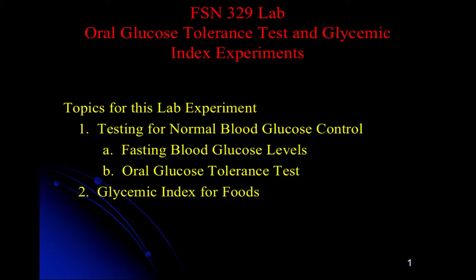So these cells, alpha cells and beta cells, are actually sensing and responding to blood glucose levels. So when glucose goes up in the blood, glucose goes into beta cells and releases insulin. When glucose goes down, alpha cells release glucagon.